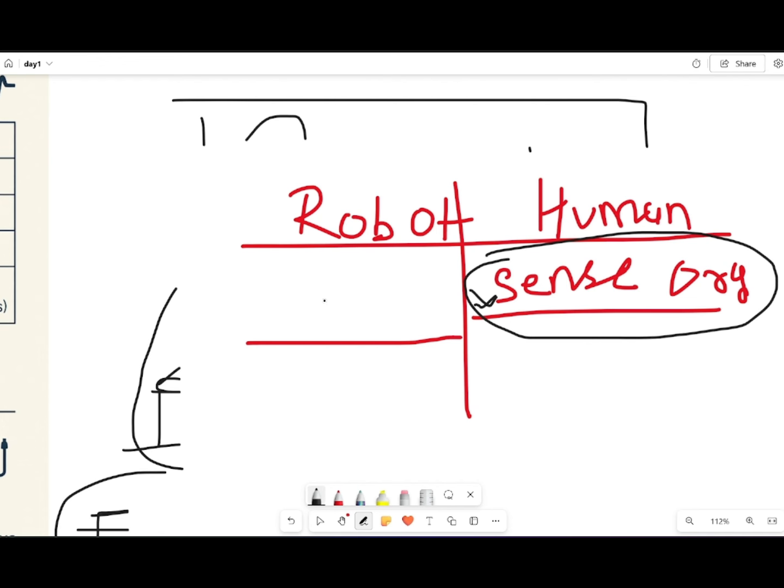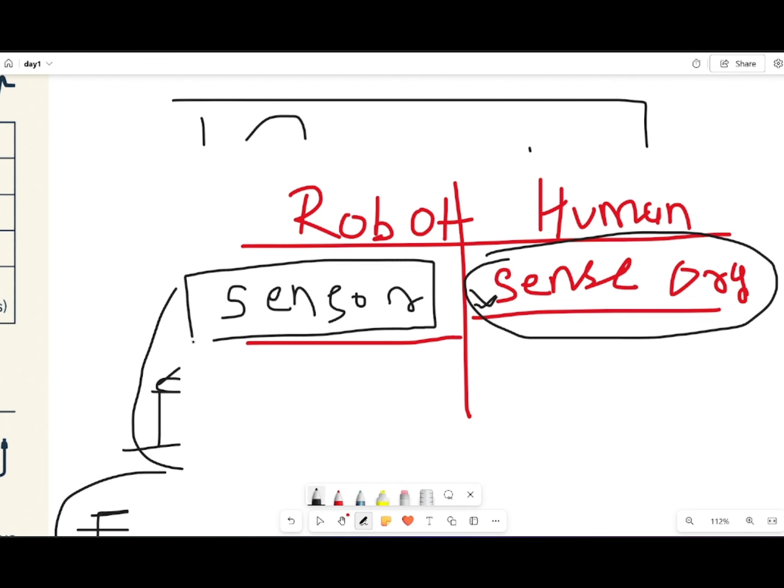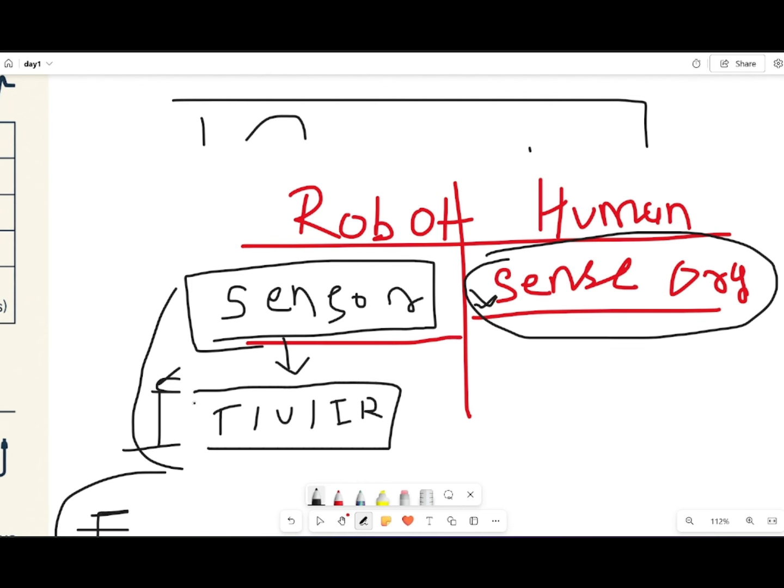Clear? Like that, a robot also has sensors to sense the environment. There are different types of sensors, like a temperature sensor, an ultrasonic sensor, and an IR sensor. So a robot also has different types of sensors to sense the environment.